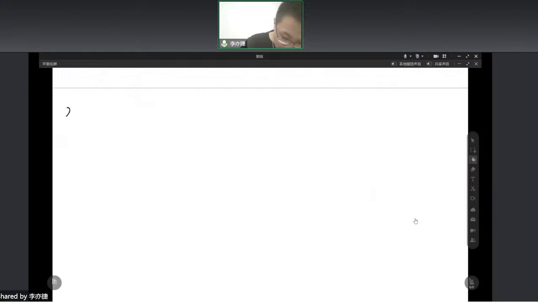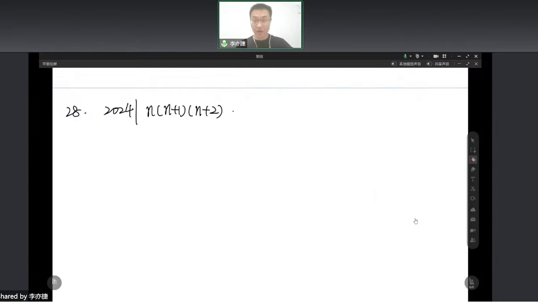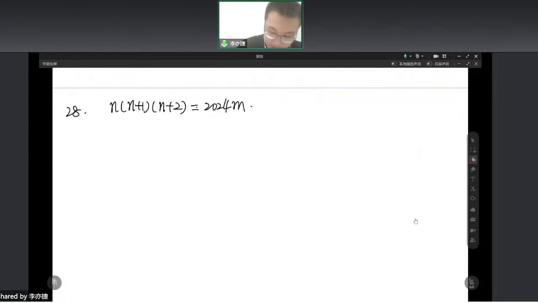So I write it here: 2024 divides m times m plus 1 times m plus 2. So now what is the smallest value of n or smallest value of m? So find the smallest m.